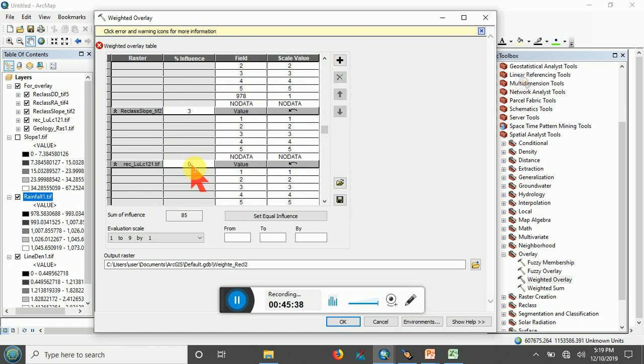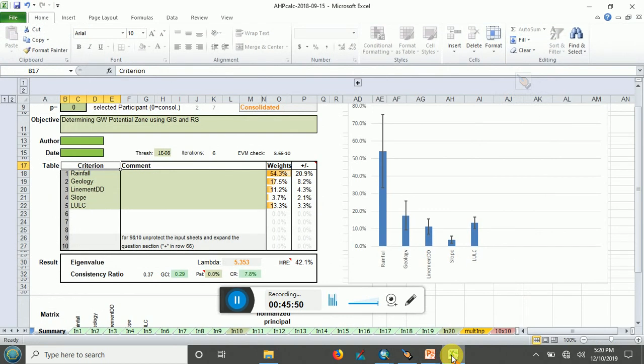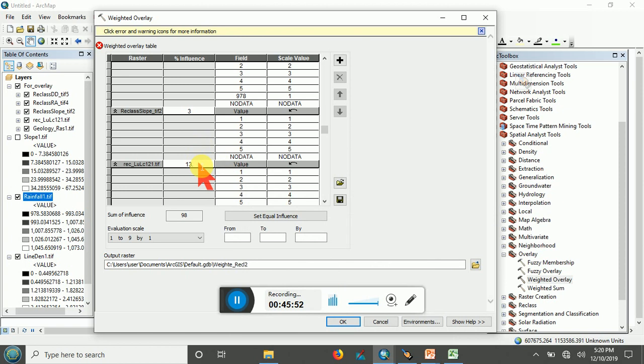That means this one, which is 13.3. Now you can see here a red point because the summation is still not 100%. When it reaches 100%, the red will be gone. So I can write here 13.3.